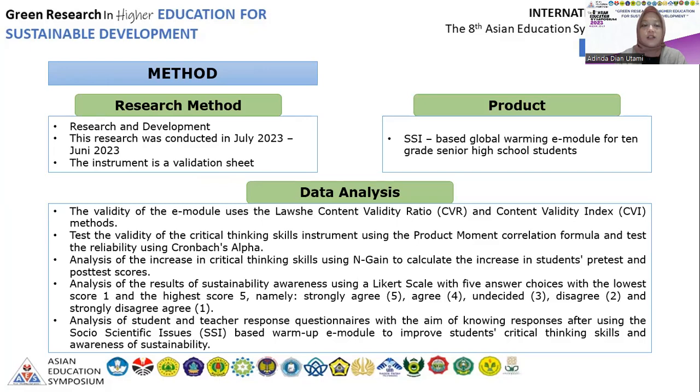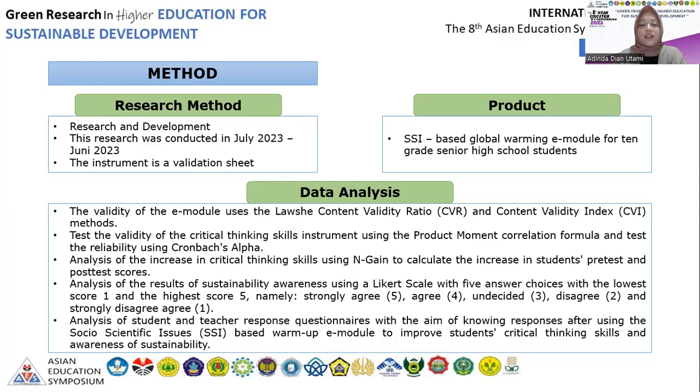Research and development. This research was conducted from July 2022 until June 2023. The instrument is a validation sheet for the SSI-based global warming module for 10th grade senior high school students. For data analysis, the validity of the module uses the Lawshe content validity ratio, or CVR, and the content validity index, or CVI, method. The validity of the critical thinking skill instrument is tested using the product moment correlation formula, and reliability using Cronbach's alpha.